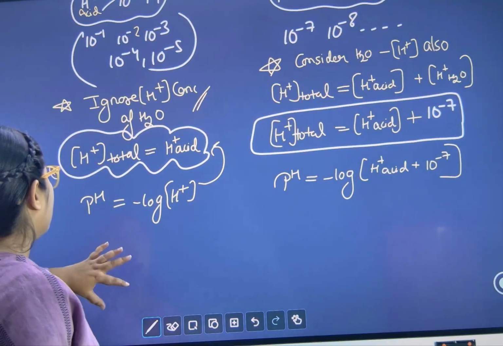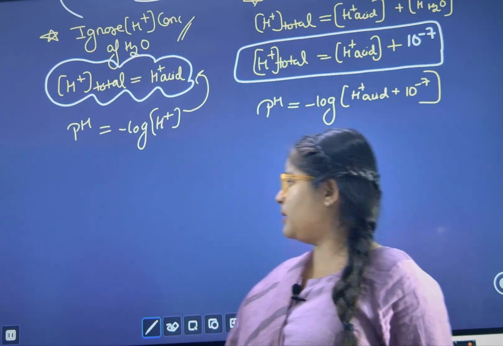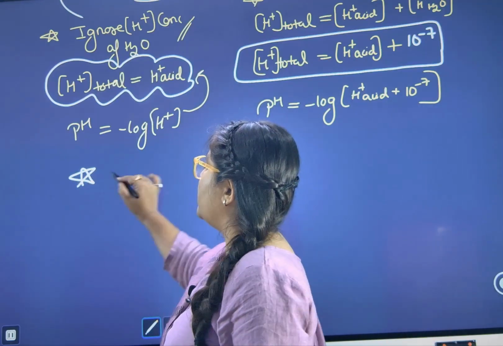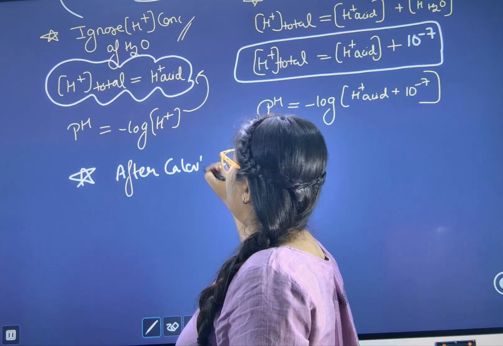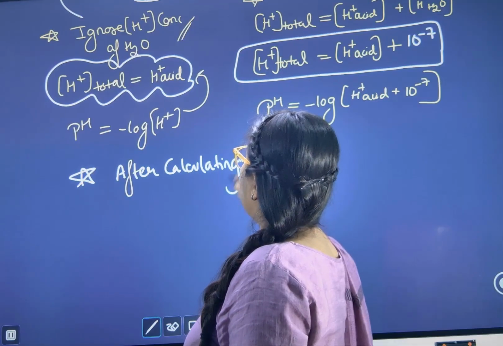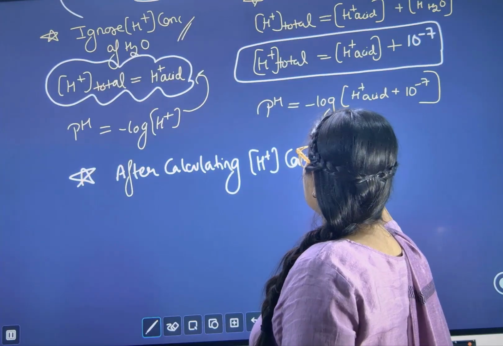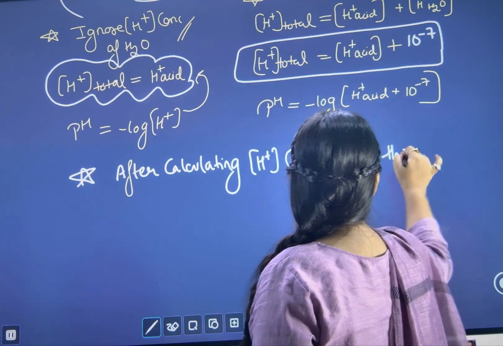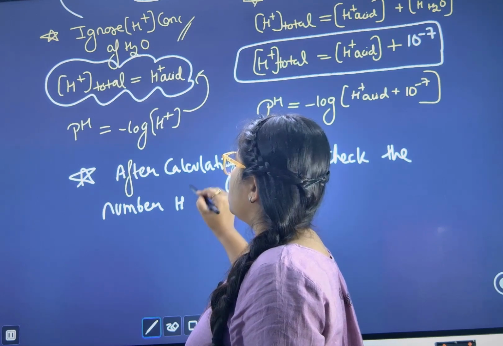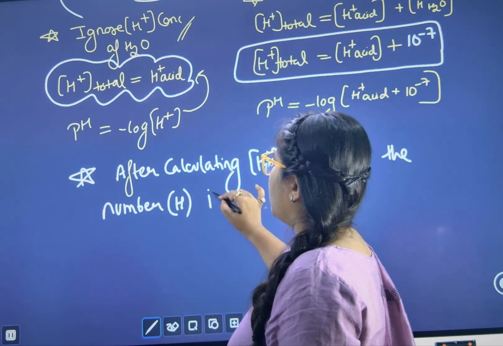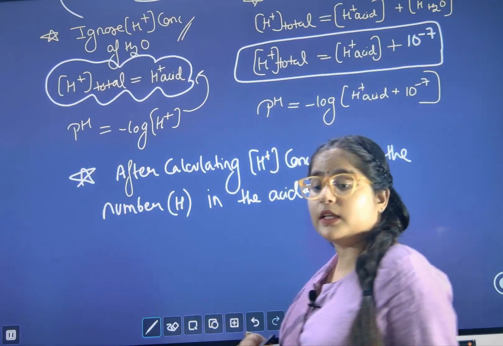We will go to the strong base. But before we proceed to the base, we will remember one star point. After calculating H ion concentration, check the number of hydrogen in the acid.